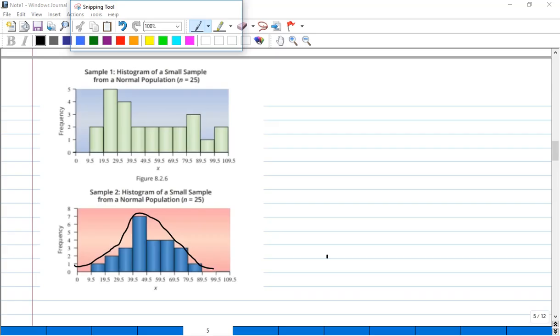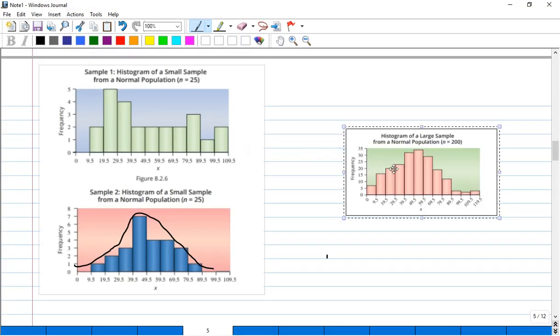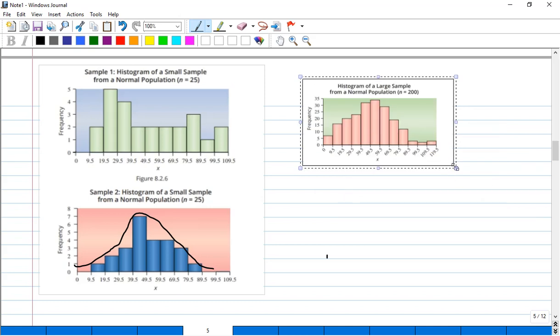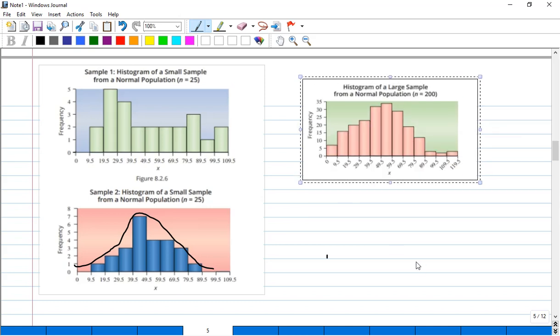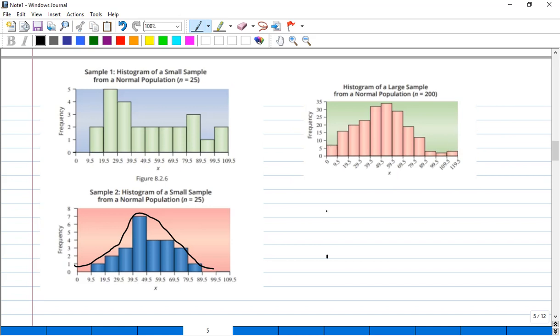Well, here's an example of when n is equal to 200. So you can see that looks a little more bell-shaped. I mean, here it's kind of going down a little bit, but if I drew a line and tried to touch all of those as best I could, that would look a little closer to being a bell.